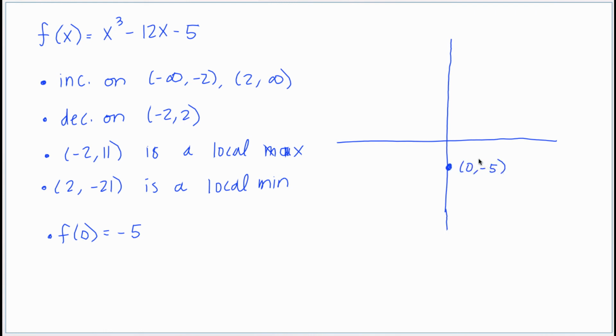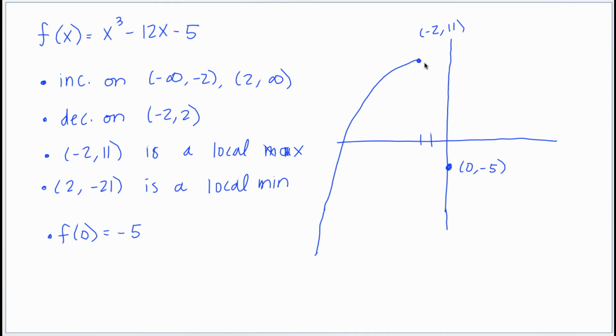Now we know that our function is increasing all the way from x equals minus infinity, so for all values x less than negative 2, up to negative 2. And at (-2, 11), so let's go over to negative 2. Here's our point, (-2, 11). So our function is increasing up until this point. We get to (-2, 11), and then this is a local max.